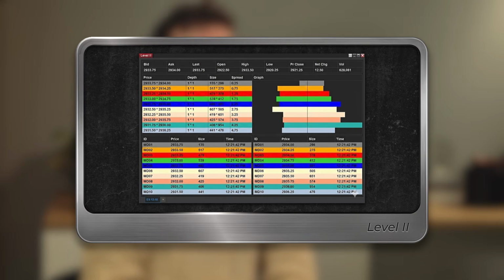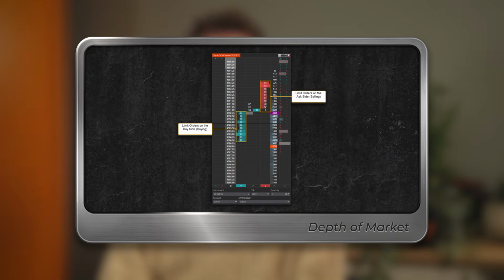This helps visualize where liquidity is stacked and how it shifts as orders are added or removed. Depth of market, or the DOM, displays resting buy and sell orders across multiple price levels. This helps assess potential support and resistance created by pending orders rather than past price action. Together, these data sources provide a clearer picture of how orders interact and how liquidity influences price movement.